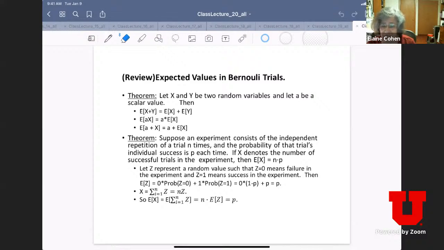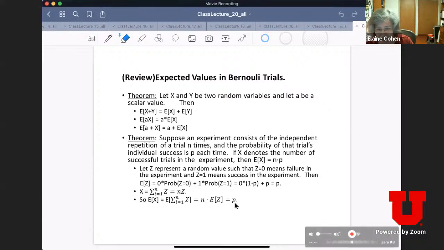And given the linearity of adding them all together, we have the expected value of x is the expected value of the sum, which is the sum of the expected values. And since they're all the same, that should be n times p here.